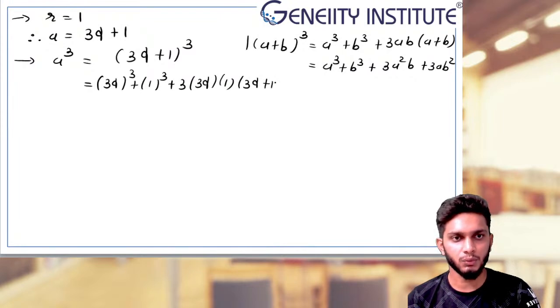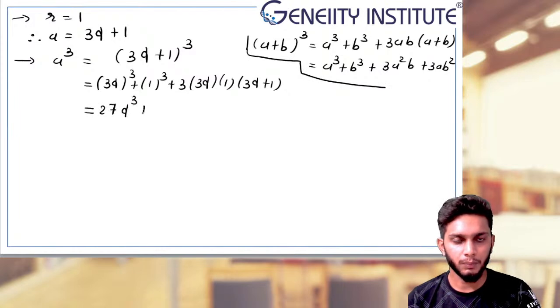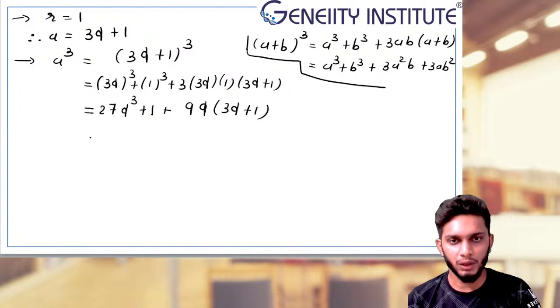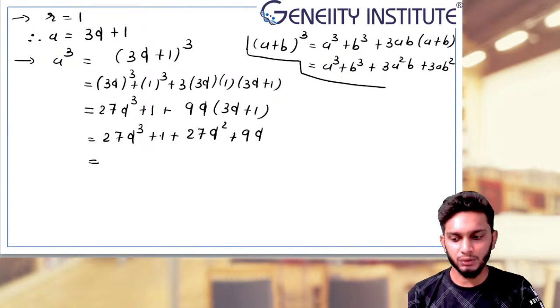So 3 cube is 27 q cube plus 1 cube is 1 plus 3 threes are 9, so 9q in the bracket 3q plus 1. So 27q cube plus 1 plus 9q multiplied by 3q, so 9 threes are 27 q square, and 9q multiplied by 1 is 9q. Take this 1 at the last.